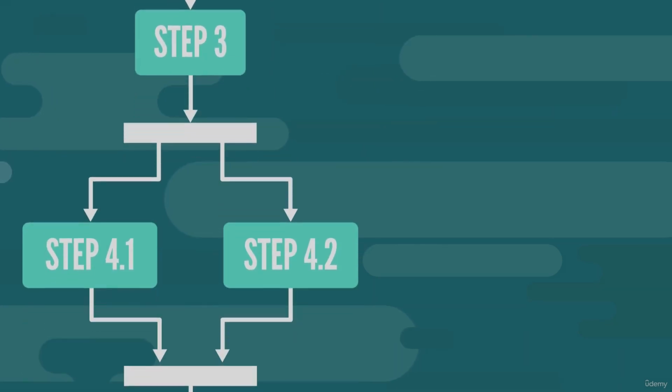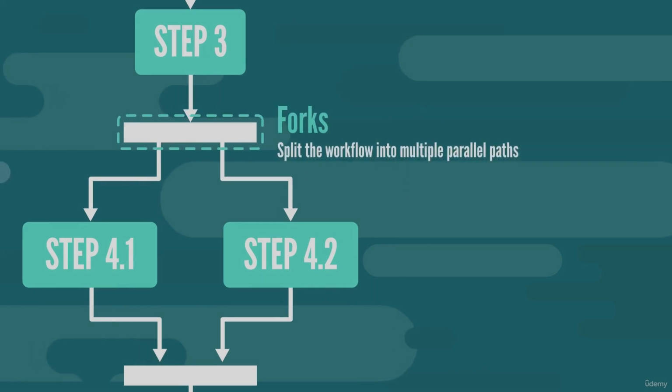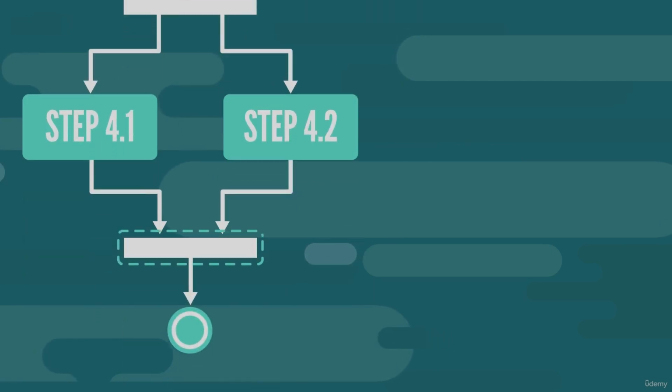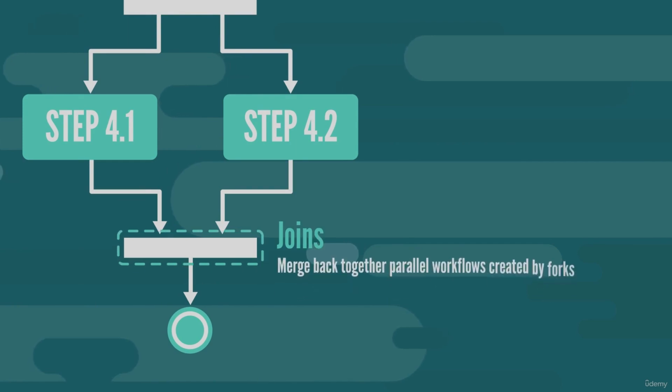Sometimes, the workflow needs to split into multiple parallel paths, and this is where a fork comes into play. We represent it by a horizontal or vertical bar with arrows pointing to the simultaneous activities. Eventually, these parallel flows merge back together in what we call a join, again represented by a horizontal or vertical bar.